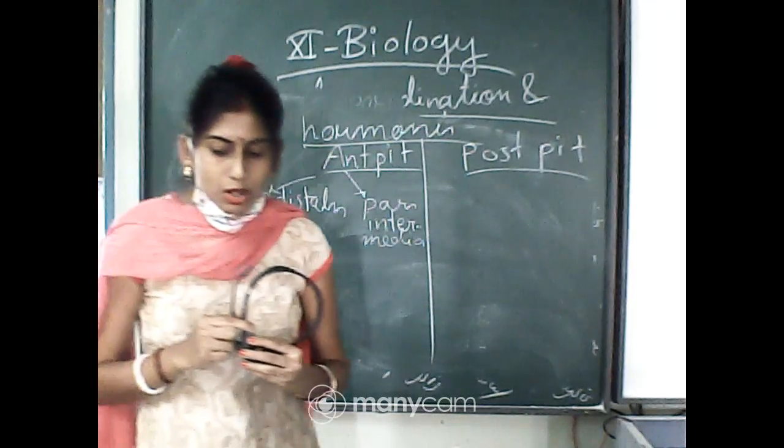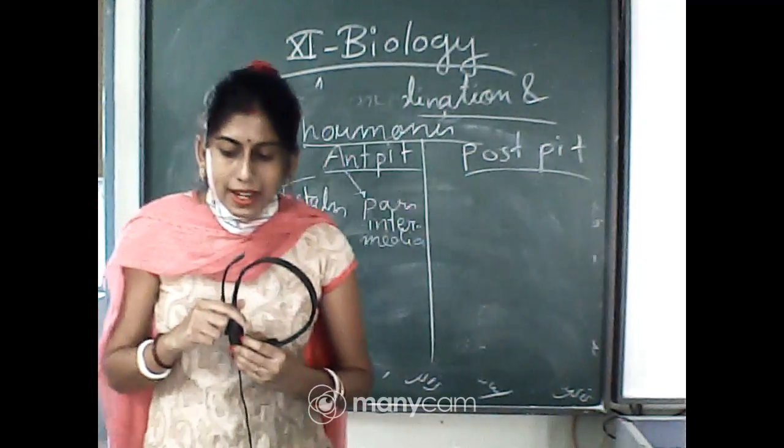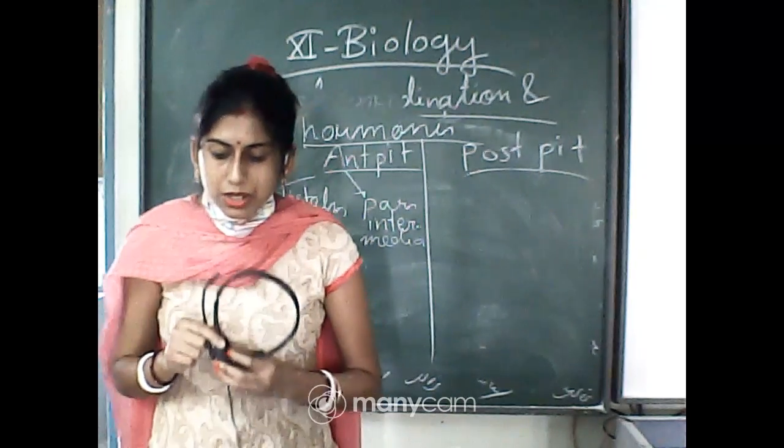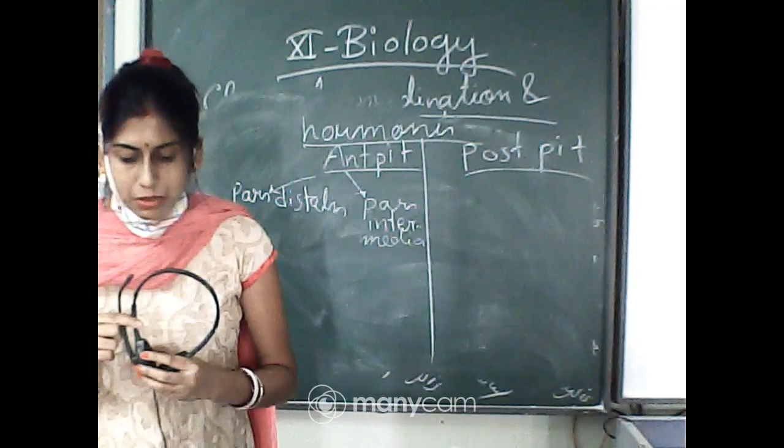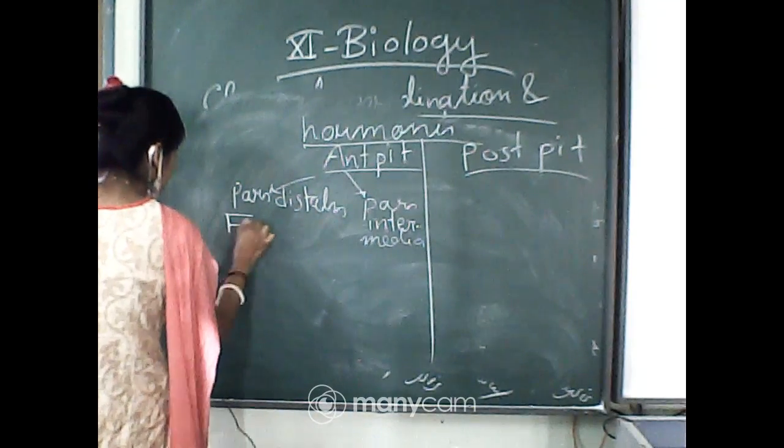These are growth hormone, prolactin, thyroid stimulating hormone, adrenocorticotropic hormone, luteinizing hormone, follicle stimulating hormone. Okay, so I am writing the names.